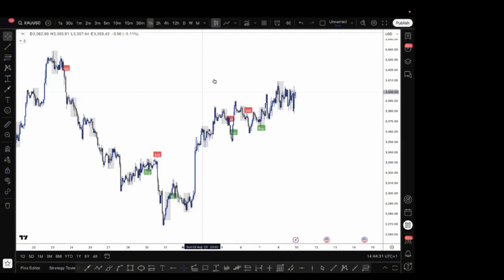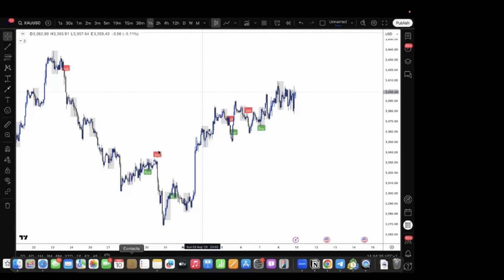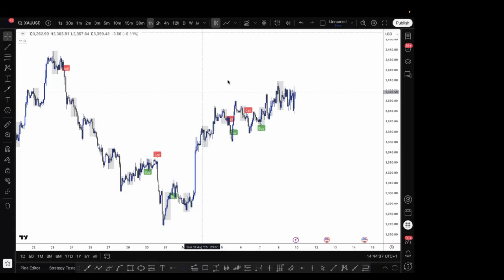It was on the 5 minutes that day. Looking at the structure, it broke out of a resistance level and immediately printed a buy. I was waiting for a retest, and it retested, then I entered the market and it went smoothly to my TP.